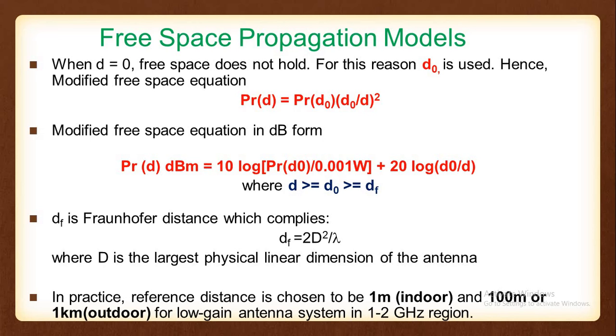So suppose d0 and DF are the same. You are making a measurement using the free space model at d0. Then keeping that as a reference, you have to find out what the power is at d. For that, this equation needs to be used. Understood? In that, this part is coming from the free space equation: PT, GT, GR, lambda square by 4 pi. So that is the idea.